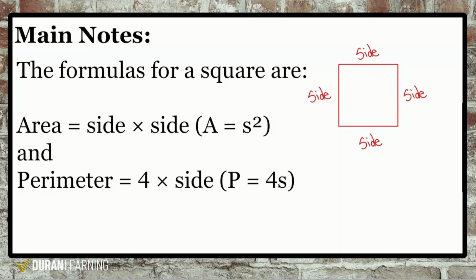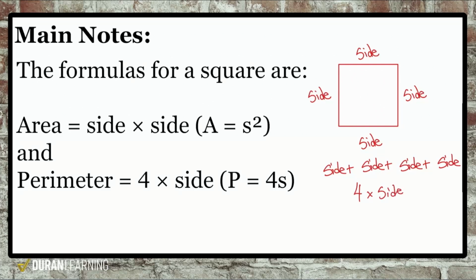Now, most of us might think, well, if we're finding perimeter, aren't we adding all the sides? And the answer is yes, absolutely. So take a look here. Everybody, if we add the same thing 4 times, if we say side plus side plus side plus side, isn't it true that if you add up the same thing 4 times, that it's the same thing as saying 4 times that thing?